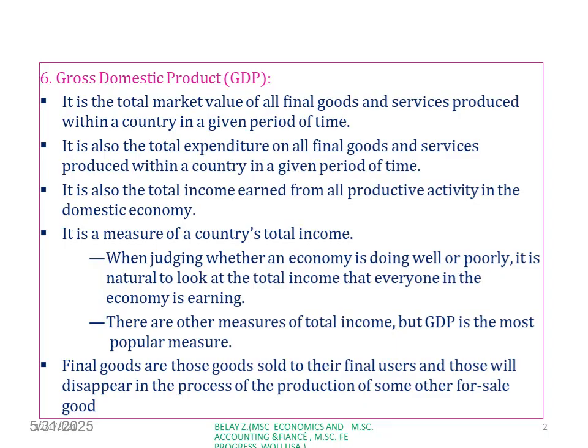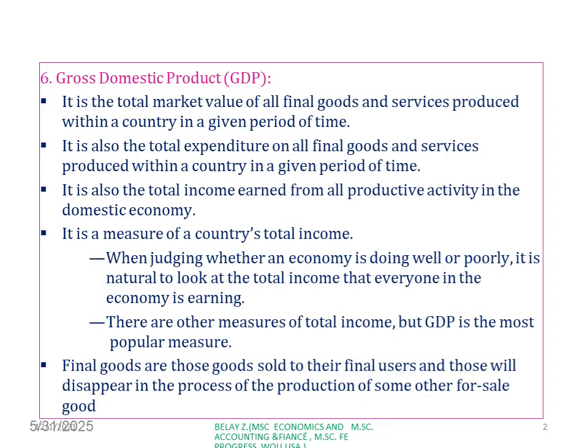Now, it is a measure of a country's total income. GDP, that is total income, because we calculate per capita income, GDP per population, to know what amount each individual of the country can earn.